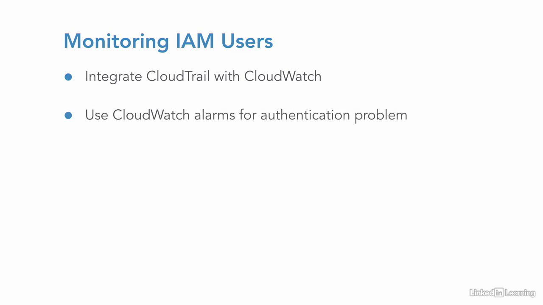If you have somebody that authenticates to your account and can't remember their password or is having a problem logging on, you can use CloudWatch alarms to alert you that there's authentication problems. You could also be alerted whenever the root user logs on. Who knows? Perhaps that root user account, the credentials have been passed around to numerous users. So you want to be sure when the root account is logging on, it's a valid use of that account.